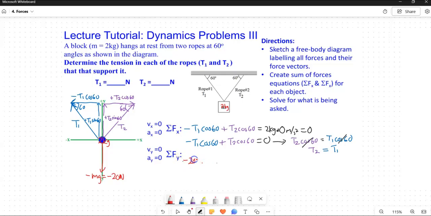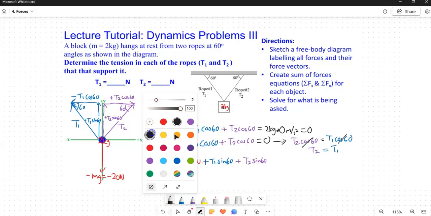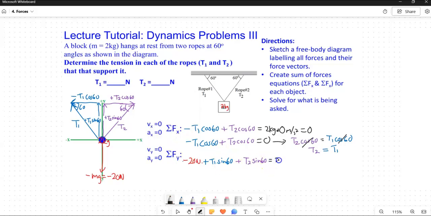So that's going to be negative 20 newtons plus T1 sine of 60 degrees plus T2 sine of 60 degrees. And that is going to be equal to 2 kilograms times 0 meters per second squared, which is just going to be equal to 0.